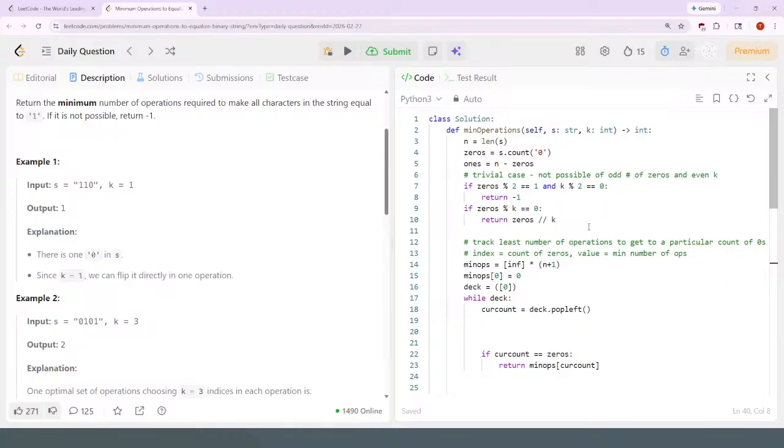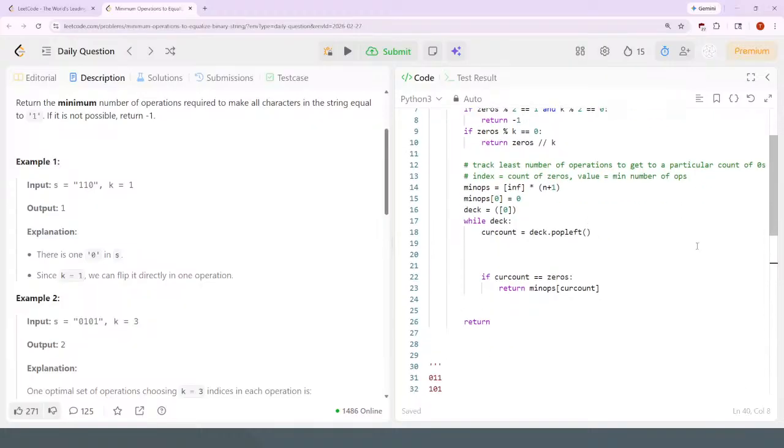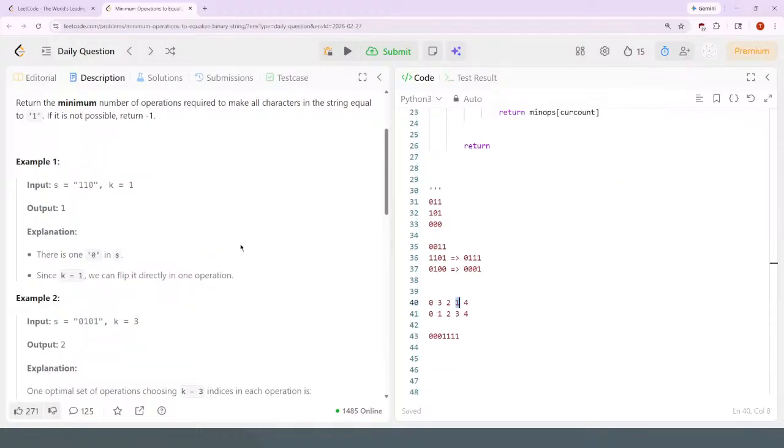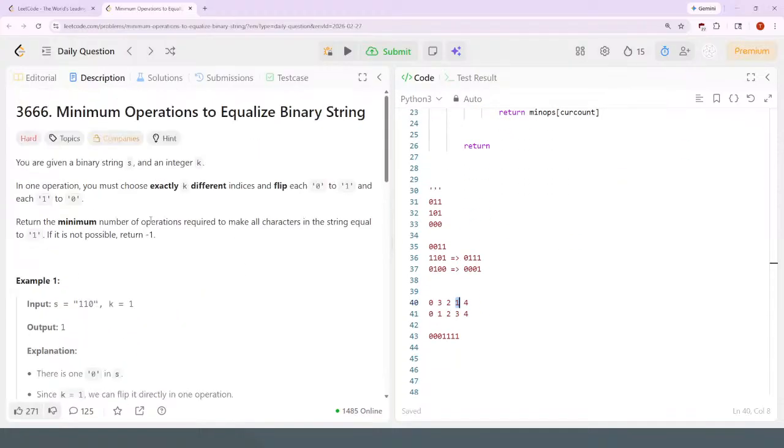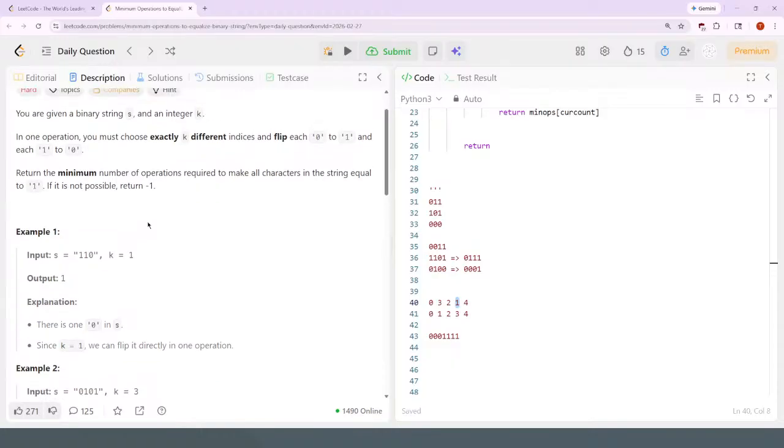At that point, you have some number of zeros and ones, maybe. You have some number of zeros. This doesn't seem like it should be a hard problem.